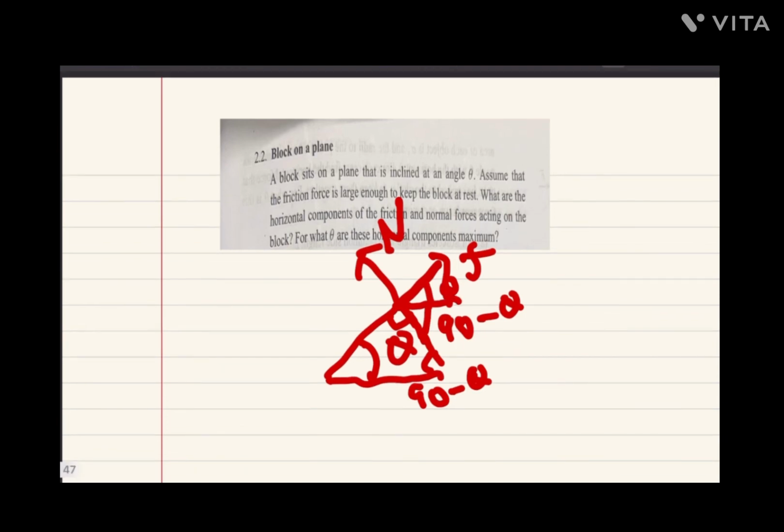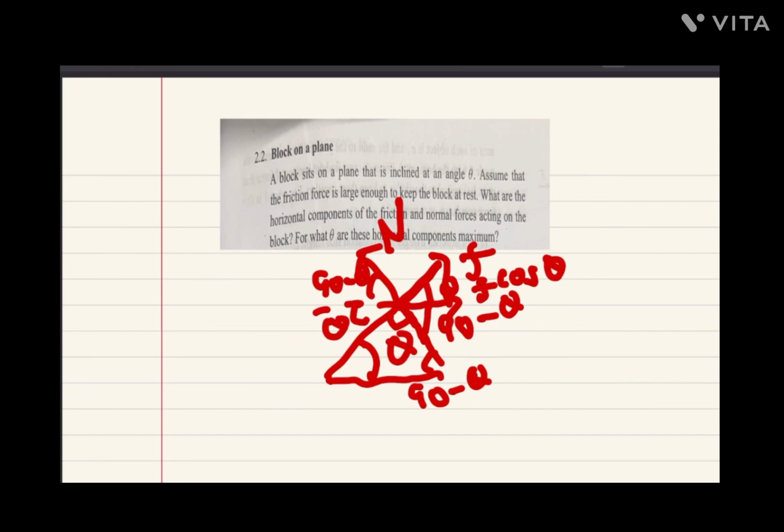Now resolving friction in the horizontal direction will be f cos theta. Now finding the horizontal component of normal force, how do we do it? We just draw another line like this, and we know these two are alternate interior angles, so this will be theta. And now this normal force makes an angle of 90 degrees with the direction of the inclined surface, so this angle should be 90 minus theta.